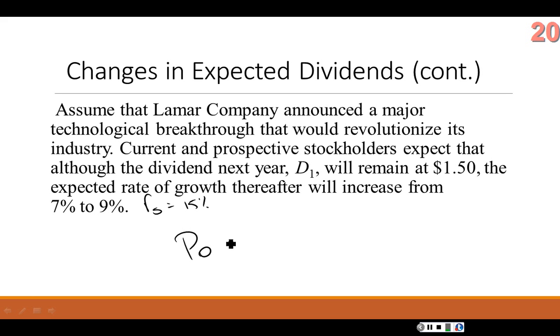So the price today is equal to the next dividend payable divided by the required return minus the growth rate, 9% now. So 1.5 divided by 6% is $25.